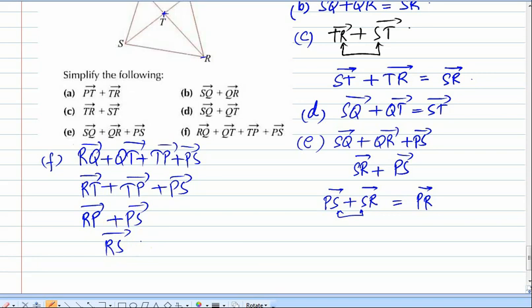Keep in mind that orientation or shuffling is very important while you are adding the vectors, because we know the trick that the second alphabet of the first vector and the first letter of the second vector should be the same. If they are the same, that means now you can add the vectors.